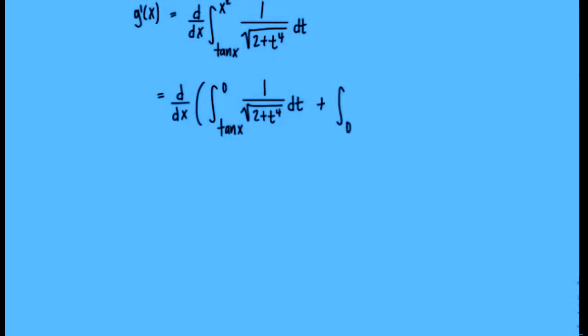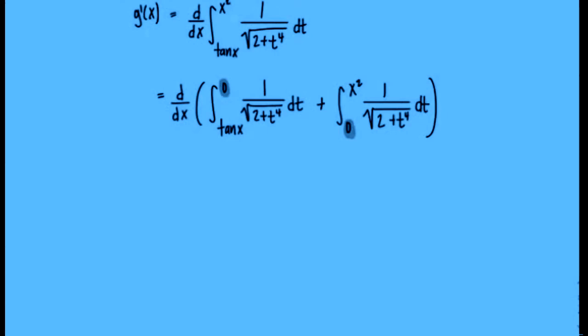So if you split it at some number other than 0, just make sure this number and this limit match up: the integral from 0 to x squared of 1 over the square root of 2 plus t to the fourth dt. Why am I allowed to do this? Well, this was one of the properties we covered in the previous lesson: we are allowed to break up the integral as long as we pick back up right where we left off.